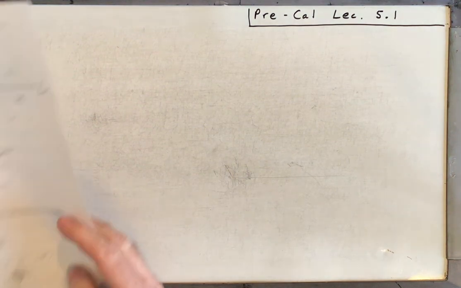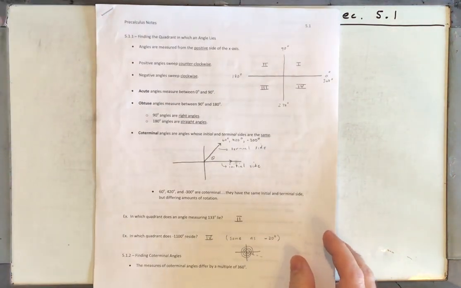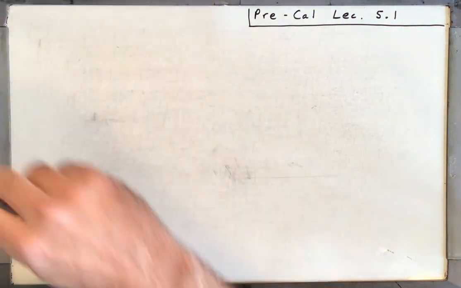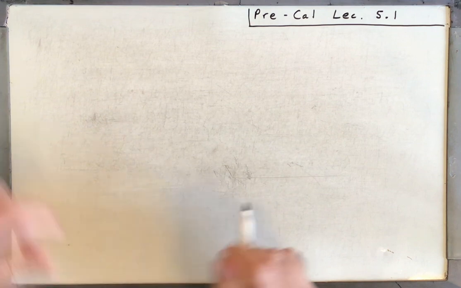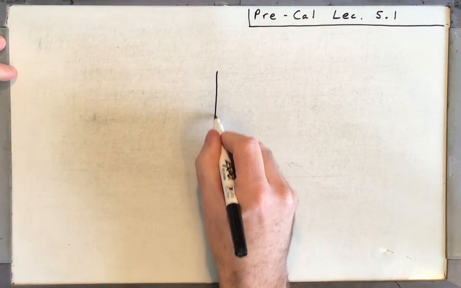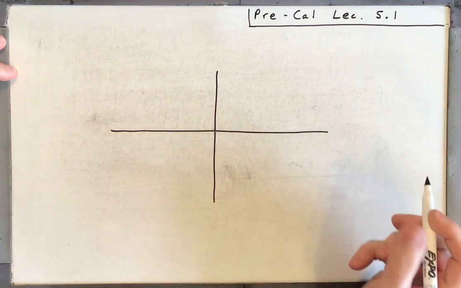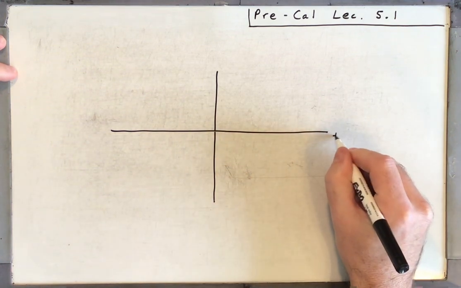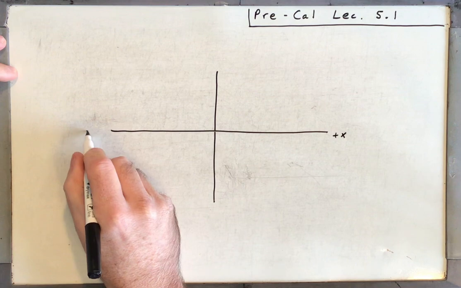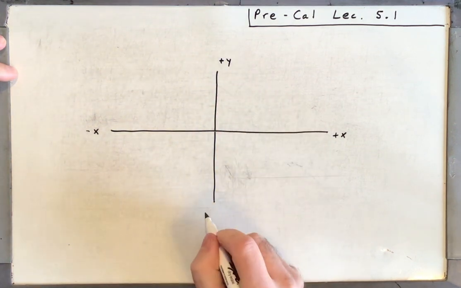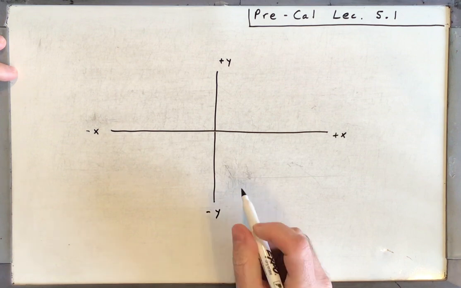So going through the notes here, on the right side near the top of the page, let's go ahead and draw a coordinate plane in that space. So we divide the coordinate plane. This is the positive x-axis, the negative x-axis, the positive y-axis, the negative y-axis.